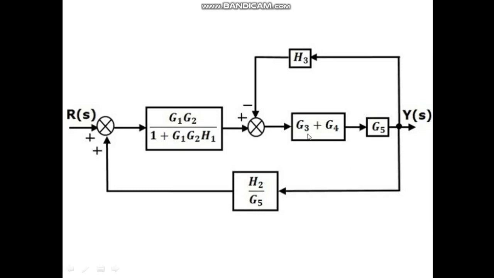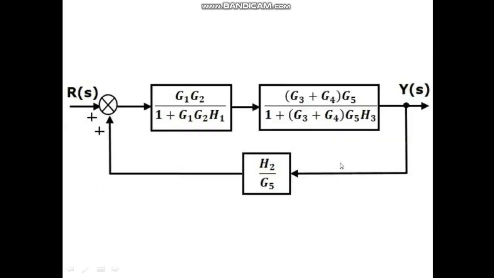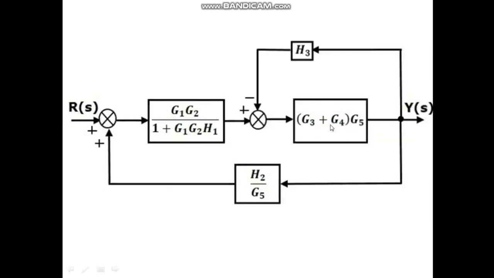So now if you see G3 plus G4 and G5, they are in series, so I can take multiplication, so I can write G3 plus G4 in bracket, complete, into G5. So similarly I have done it here, you can see here now. Now after this you can see one minor feedback loop with feedback H3 and this particular block.